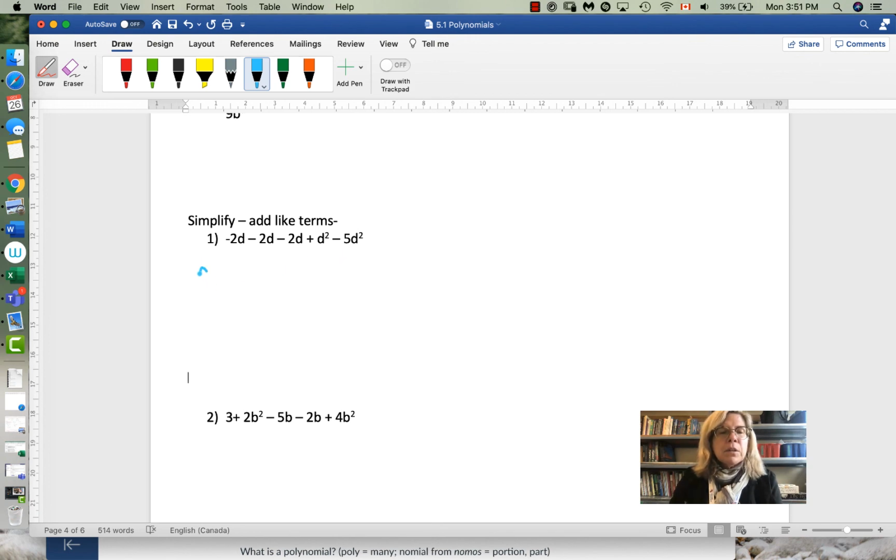So there's so many that are in the d bucket, and so many that are in the d squared bucket. And that's really the only 2 buckets you have. So the d bucket has minus 2d, minus 2d, and minus 2d. And the d squared bucket has a d squared and a minus 5d squared.